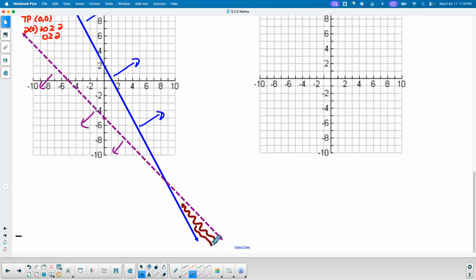On the test and the quiz, we won't have one that's way off the grid like that. We'll have it right on the grid for you. Yeah. We should have done x minus y there. But happens.